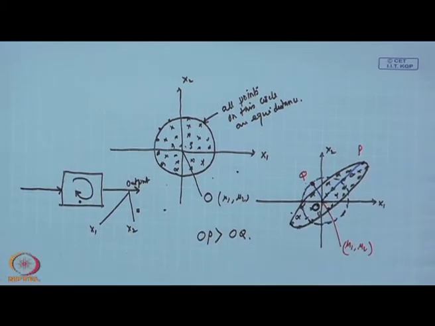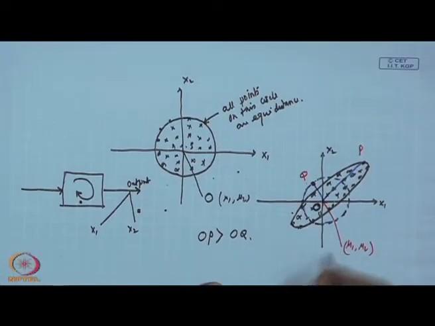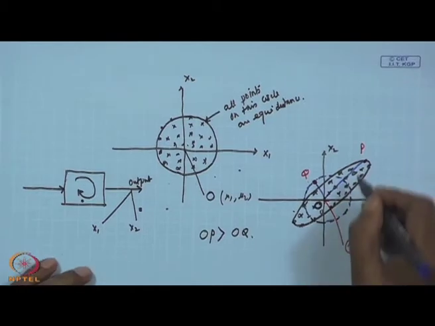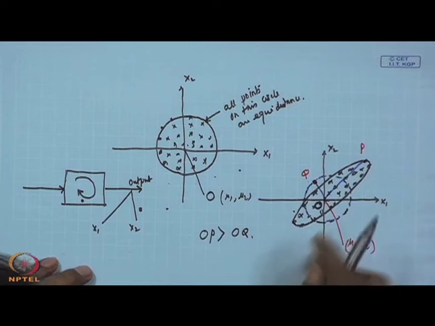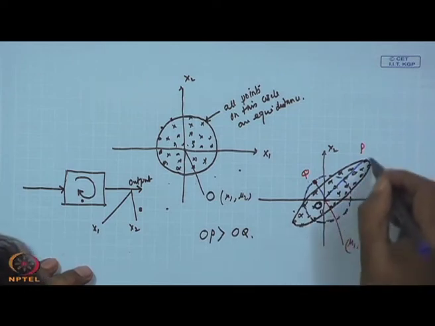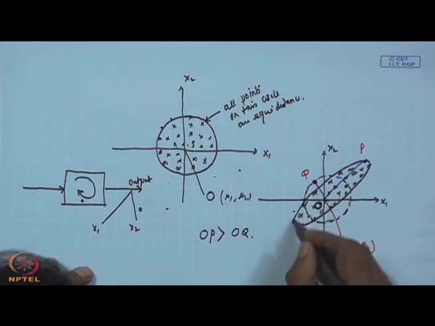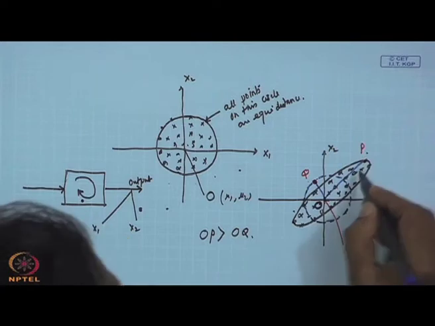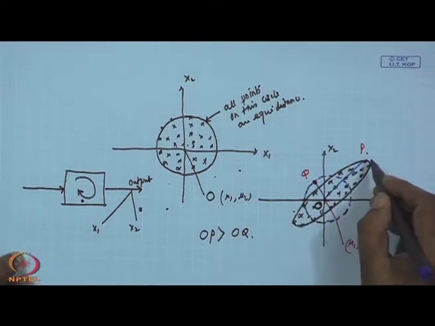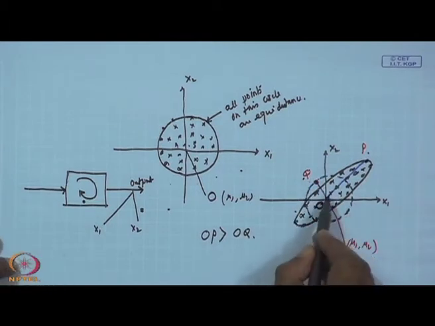If you see the scatter plot, P is closer to O. The reason is that the general mass behaves like an ellipse, and point P belongs to this general mass, whereas point Q does not.